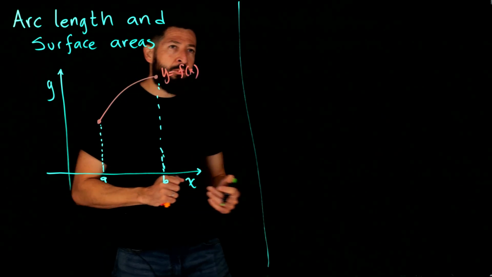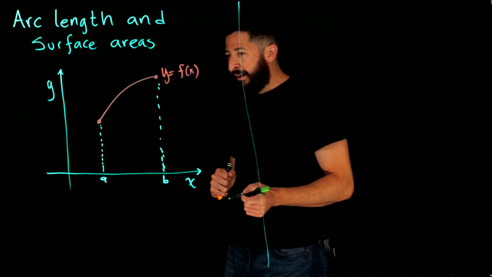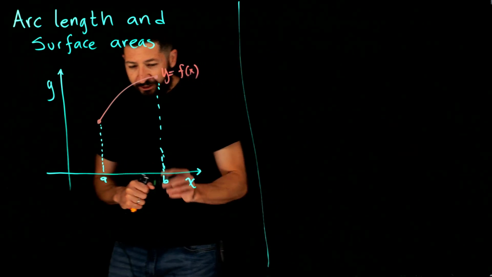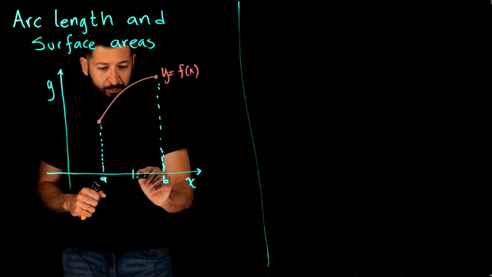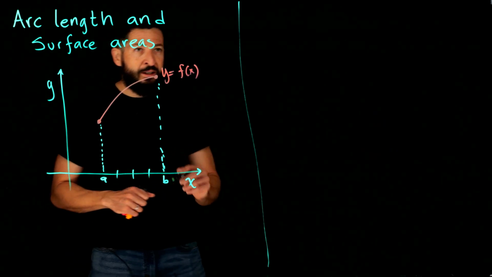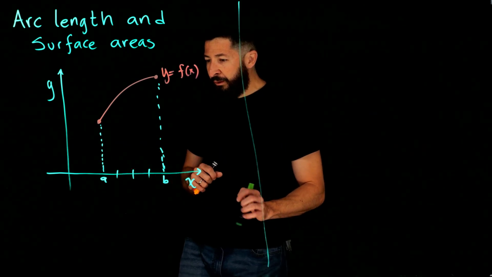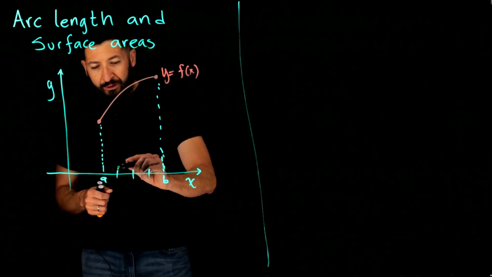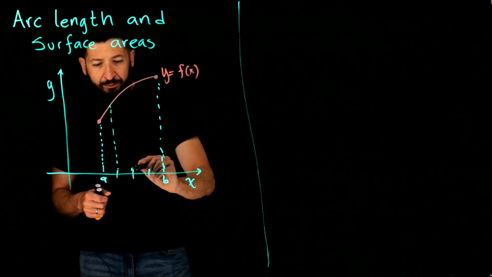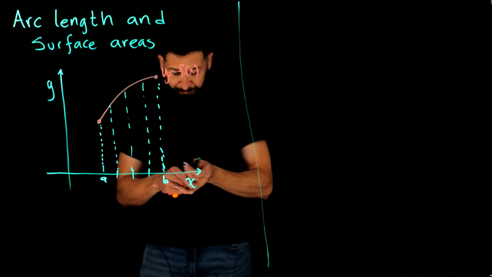sometimes other applications could be useful. So let's think about how we would actually measure it by using calculus. As usual, our normal approach is we subdivide our original interval into a number of subintervals. In this case, let's say I want to just divide it into 4 subintervals.